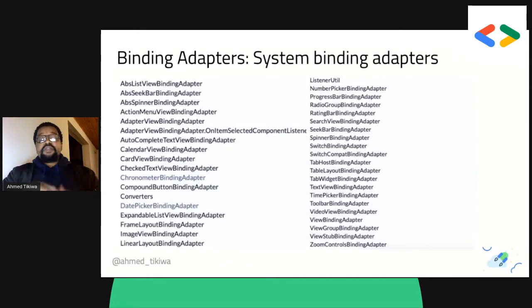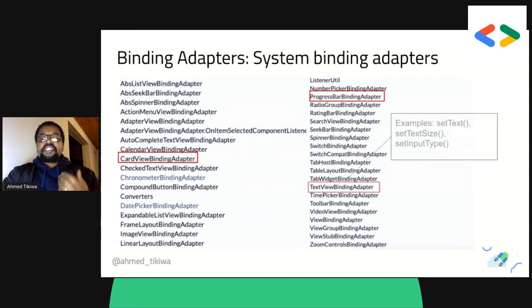The system, like I said, also has its own list of binding adapters, and this is just one of the many binding adapters that are there. You've got CardViewBindingAdapter, for example. You've also got ProgressBarBindingAdapter. You've also got TextViewBindingAdapter, which I mentioned earlier, which has setText, setTextSize, setInputType.